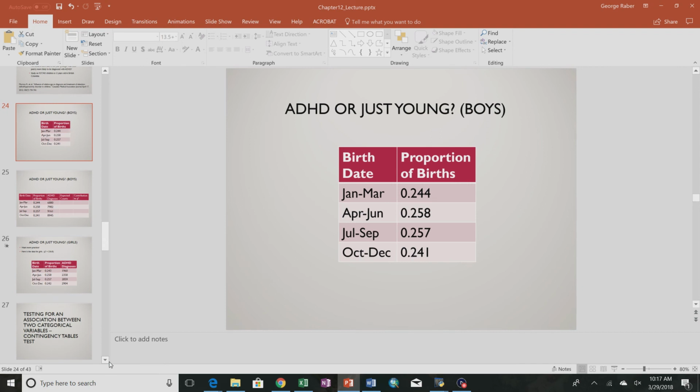Okay, so the way that we would do this is that, first of all, are births uniformly distributed throughout the year? No, they aren't. So if you look at this, they're kind of close, but they're not exactly uniformly distributed. So we've got less in the winter. The most actually happen in April, May, and June, the spring.